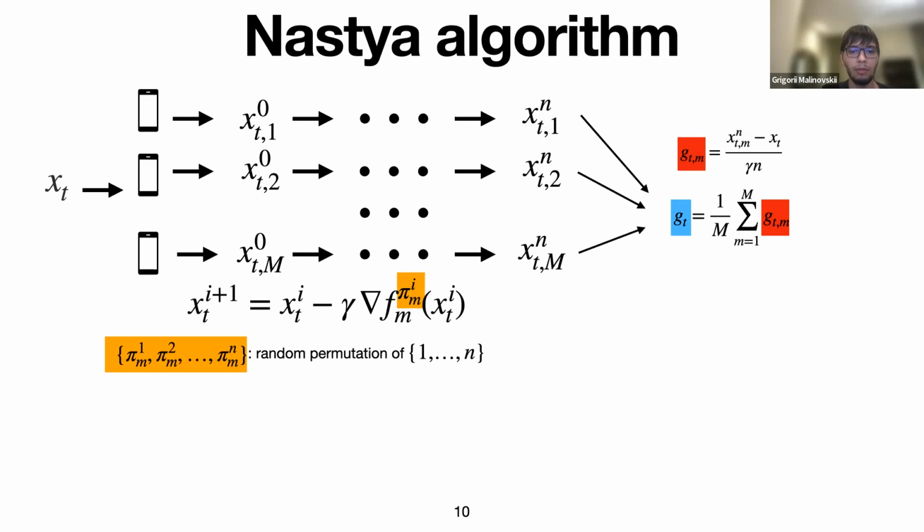So using these local gradient estimators, we can get the global gradient estimator GT just using aggregation, and after that we perform an additional gradient type step with server-side step size eta here.